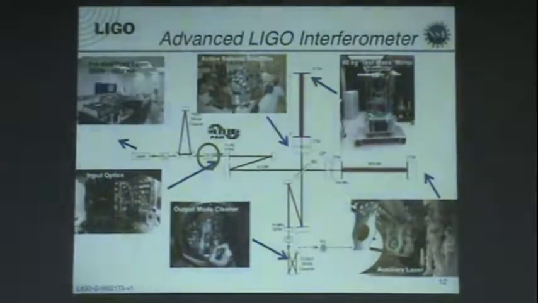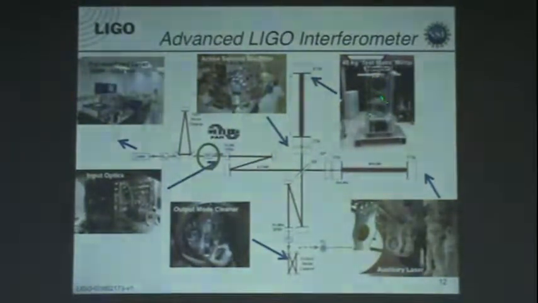We then go a step further. The mirrors are actually suspended. The mirrors themselves are 34 centimeters in diameter, about 20 centimeters thick. They are made of fused silica. They weigh 40 kilograms. And we suspend them on optical fibers. That's the mirror. There's another, we call it a penultimate mass above it, and there are fibers that suspend that.